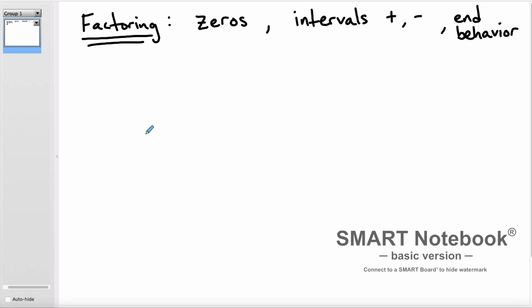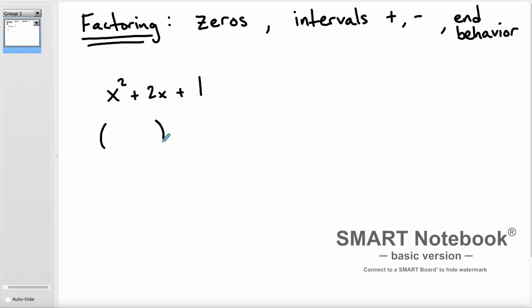So let's just do one example here, and we'll do a basic example just to review. So maybe we have x squared plus 2x plus 1, excuse me, right?